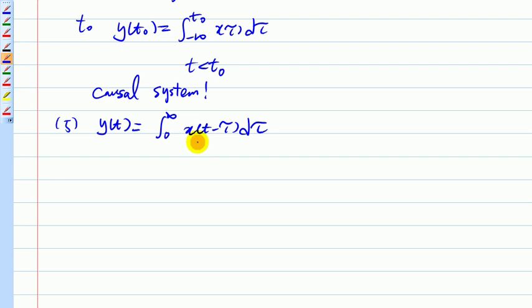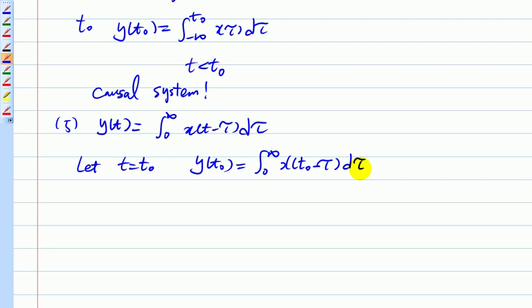The integrand is x of t minus tau. So if you let t equal to t naught, this is an arbitrary instant, x of t naught minus tau d tau. So tau is a certain number from 0 to infinite, so it's a positive number. So t naught minus tau means it's a value less than t naught.